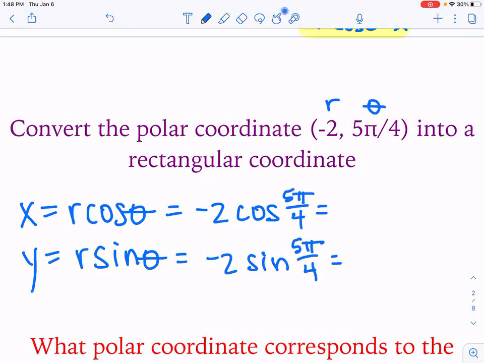What's the cosine of 5 pi over 4? Okay, so we get negative radical 2 over 2, so with r equal to negative 2, we get radical 2. What about the sine of 5 pi over 4? Also negative radical 2 over 2, so we get radical 2.